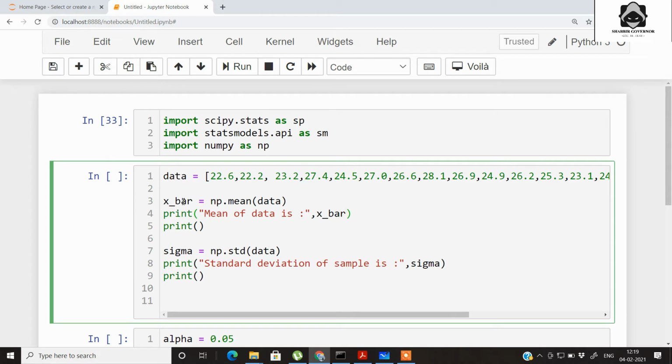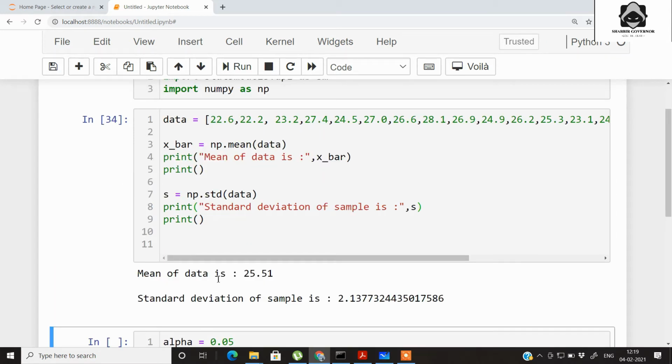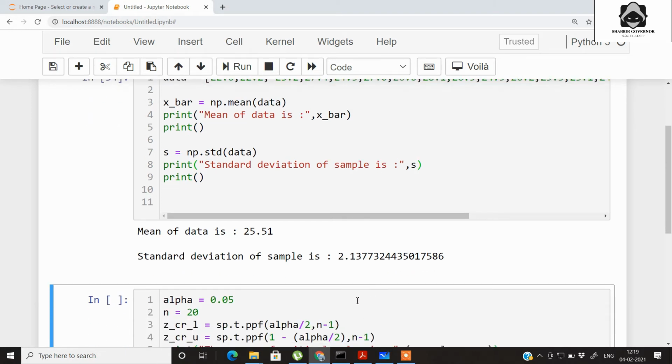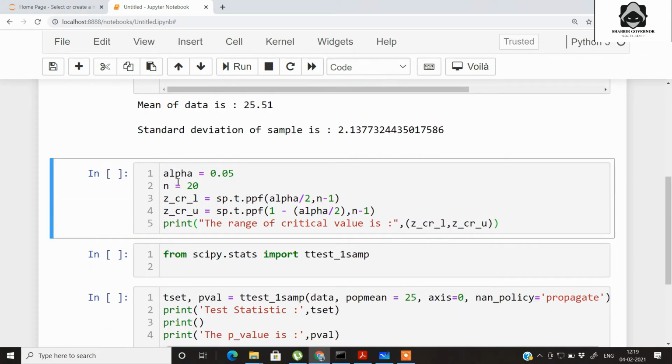Let's print out the sample mean and the sample standard deviation, that is S. We get that the sample mean is around 25.51 and the sample standard deviation is around 2.1377.